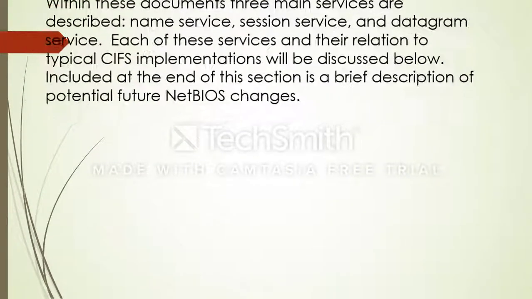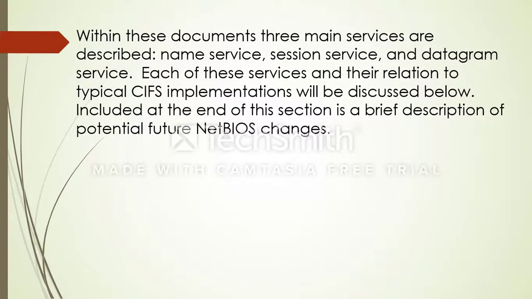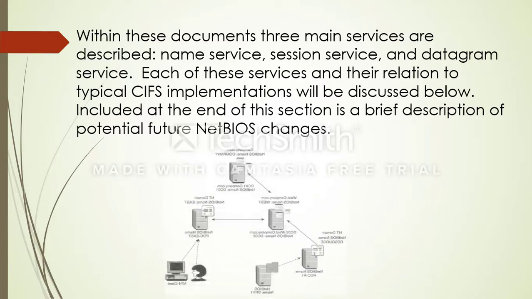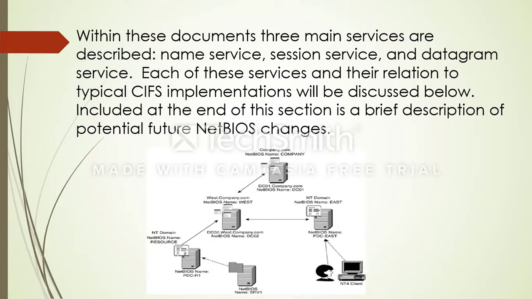Within these, three main services are described: name service, session service, and datagram service. Each of these services and their relation to typical CIFS implementations will be discussed below. Included at the end of this section is a brief description of potential future NetBIOS changes.